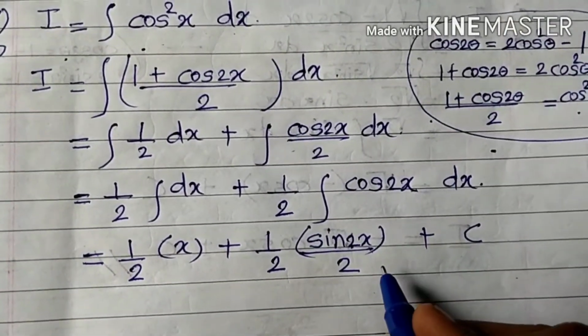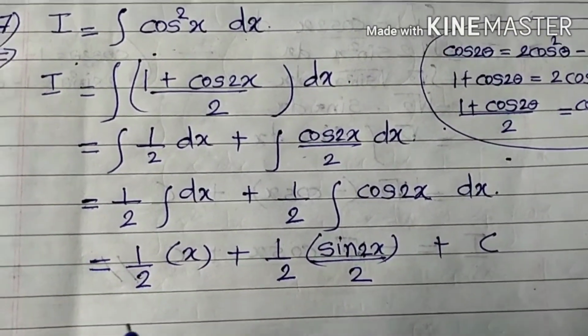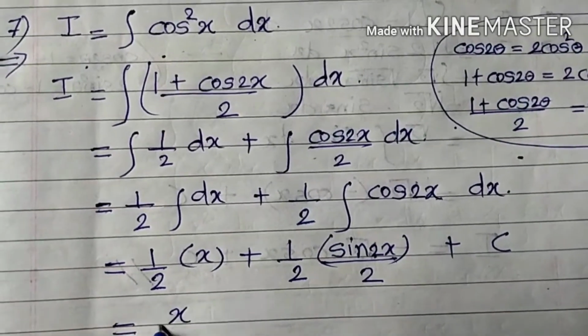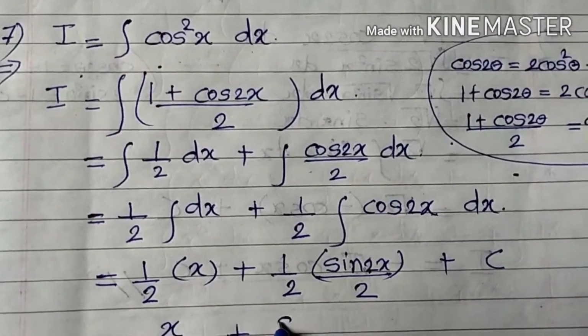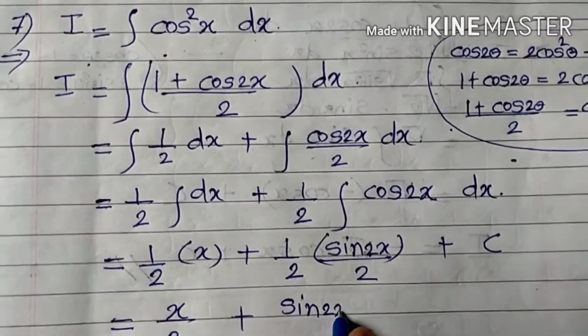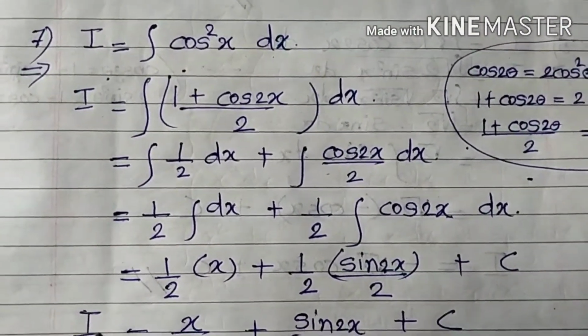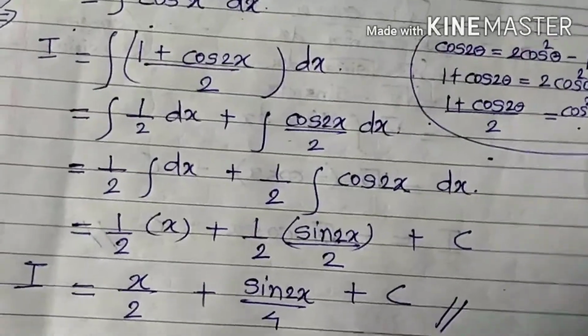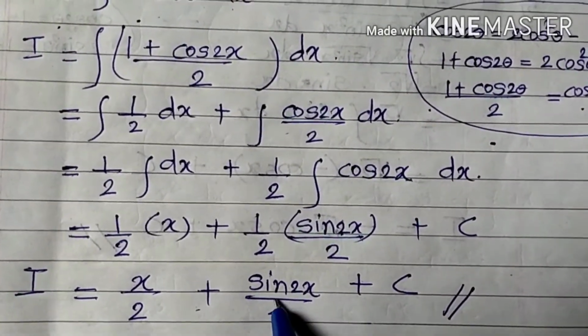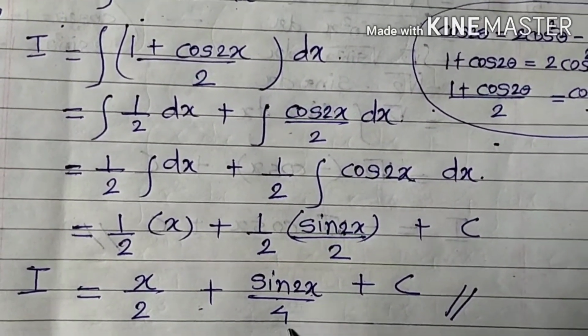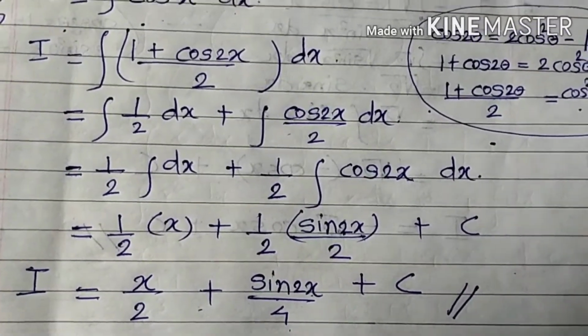So the constant is divided by the function. So the remaining answer is x upon 2 plus sin 2x upon 4 plus c. So this is the answer. I is equal to x upon 2 plus sin 2x upon 4 plus c.